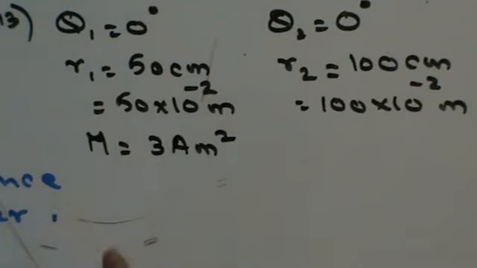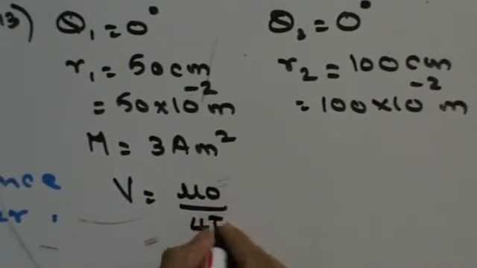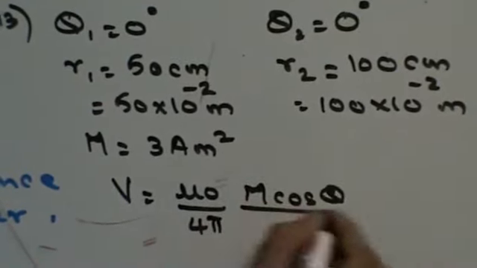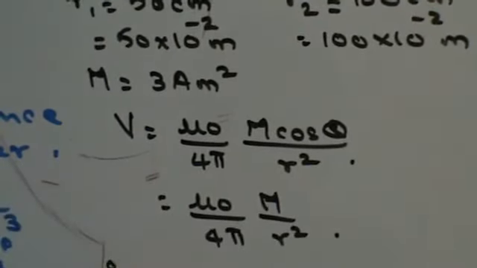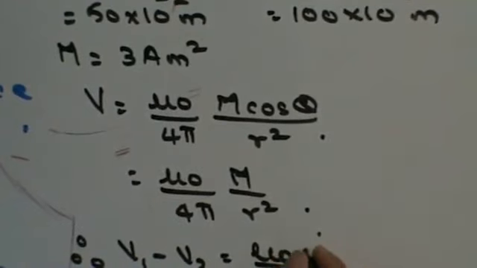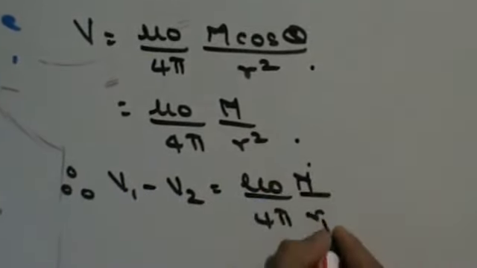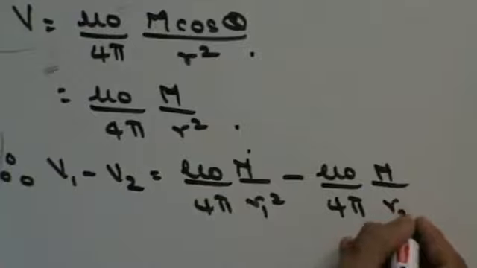Along the axis, therefore theta is 0. Now we know that magnetic potential is mu 0 upon 4 pi m cos theta upon r square. Since theta is 0, this formula is modified as mu 0 upon 4 pi, cos of 0 is 1, so this will be m upon r square. Along the axis, this should be the formula. They have asked you to find the difference in potential. Difference in potential is mu 0 upon 4 pi m upon r1 square minus mu 0 upon 4 pi m upon r2 square.